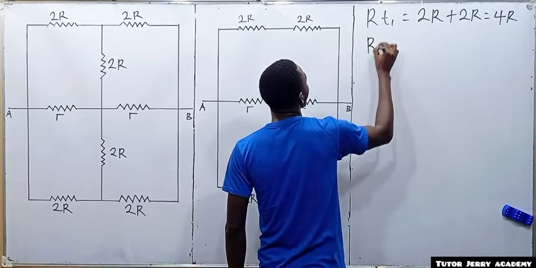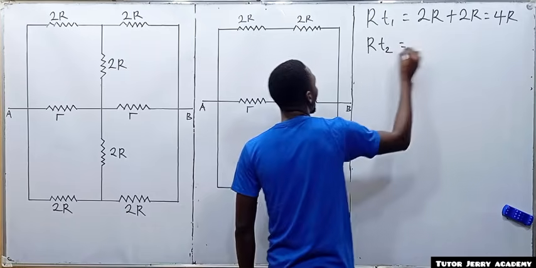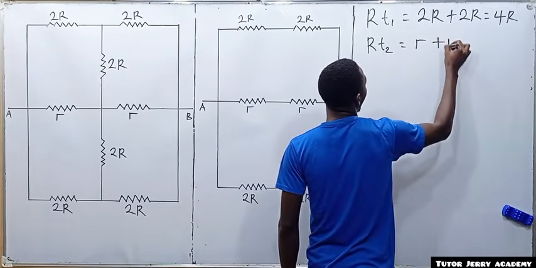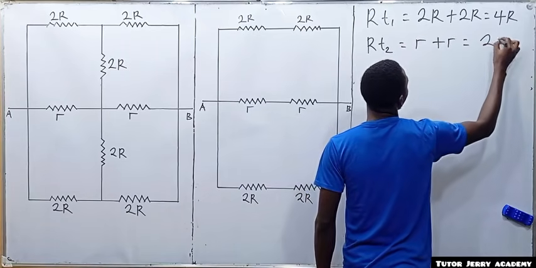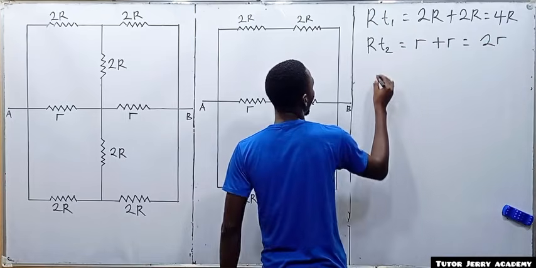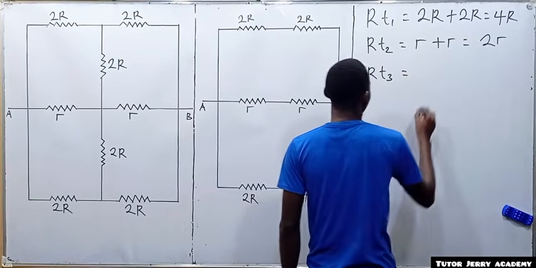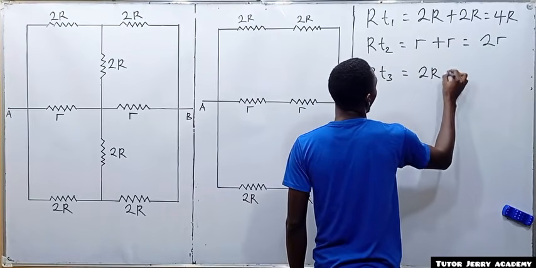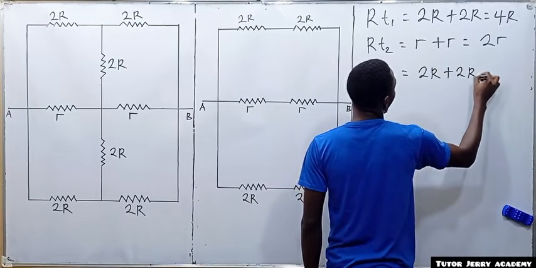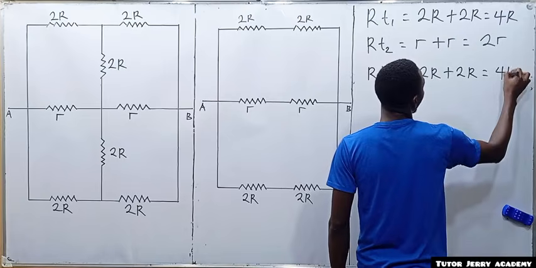And then RT2 is R plus R, which is 2R. And then RT3 will be 2R plus 2R, which is equal to 4R.